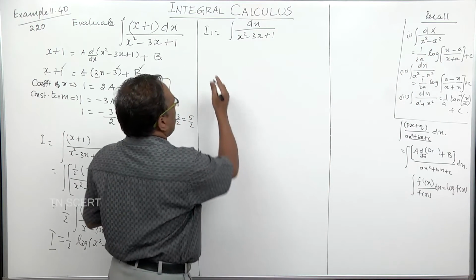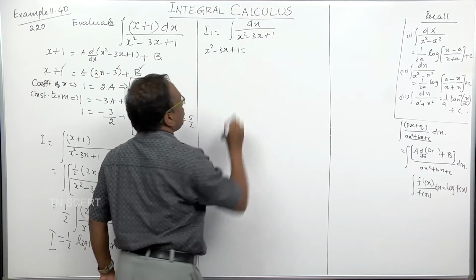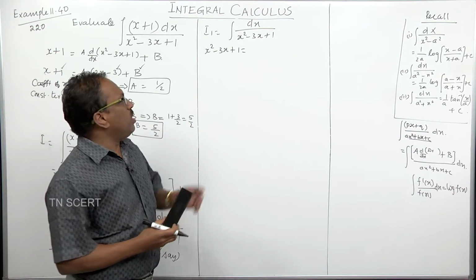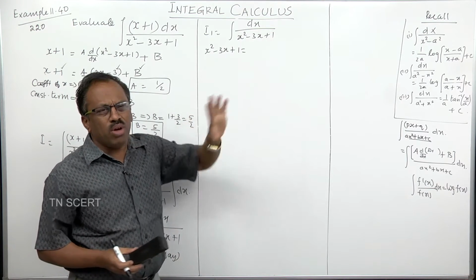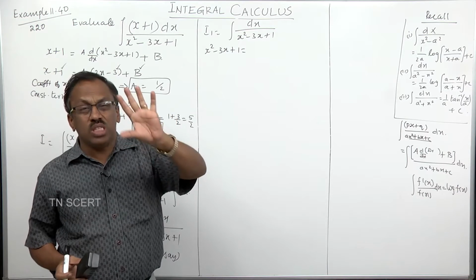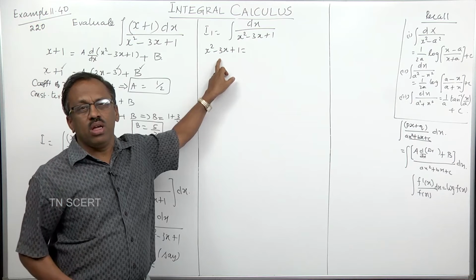Let us see. X square minus 3x plus 1. Whenever you happen to notice this kind of problem, see what the coefficient of x is. What is the coefficient of x? Negative 3.